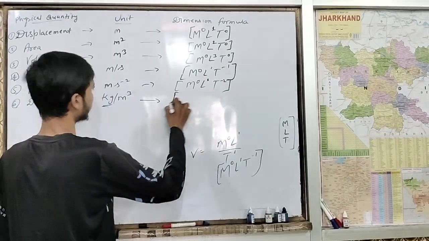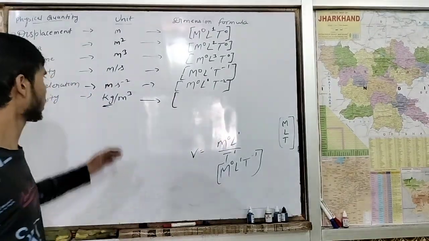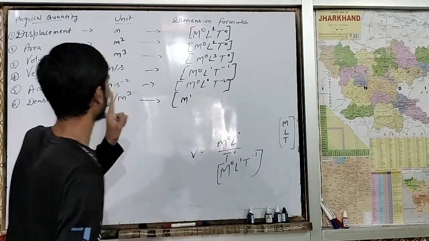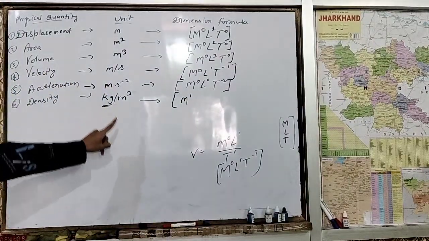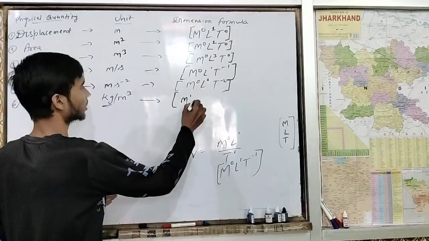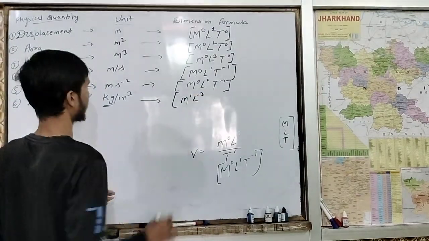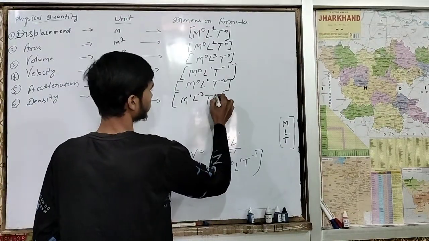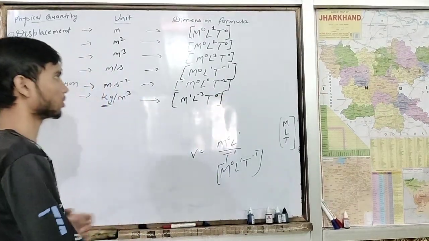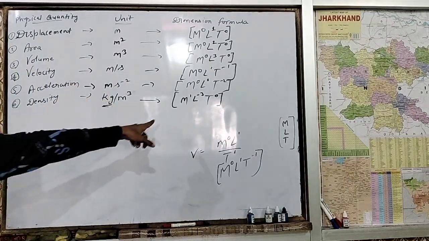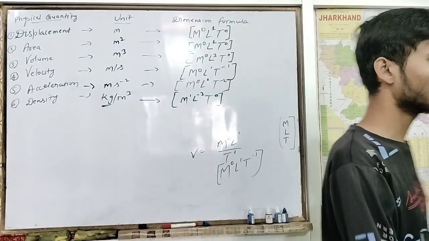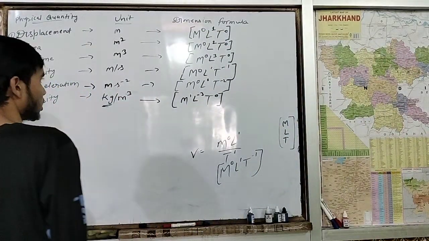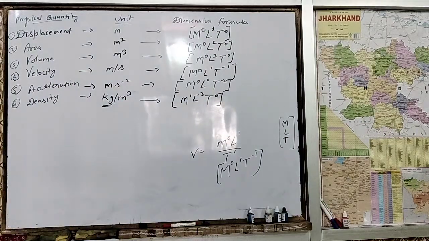So you can say the exponent of kg is 1. We have L, but it is in the denominator, so L raised to power -3. We don't have a time, so for time, the exponent would be 0. This M1 L -3 T0 is the dimension formula for density. Just look at it over here.